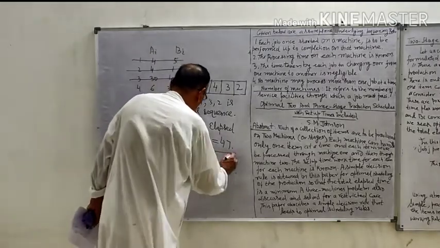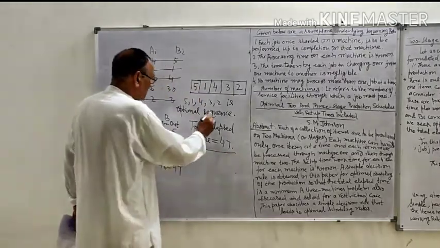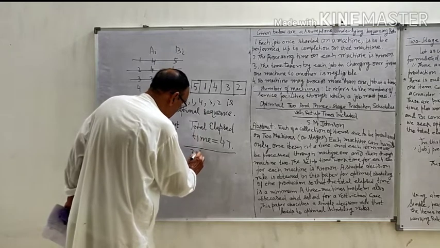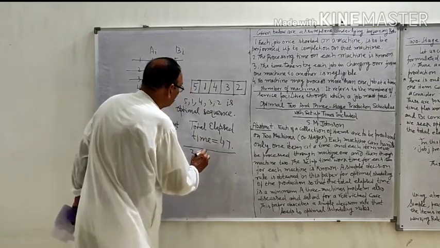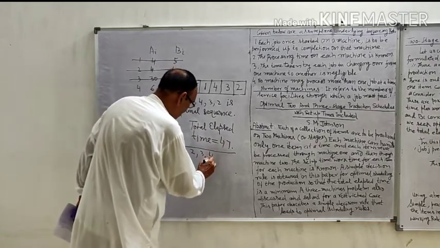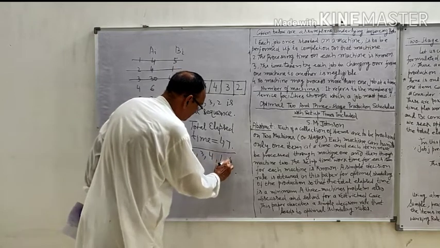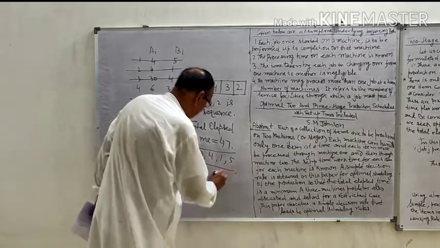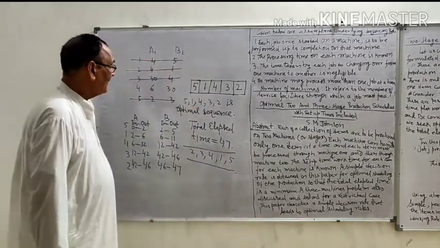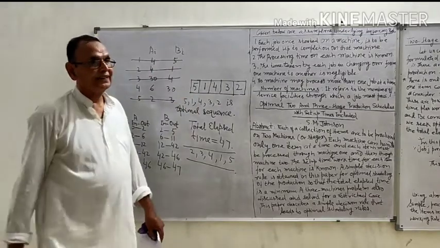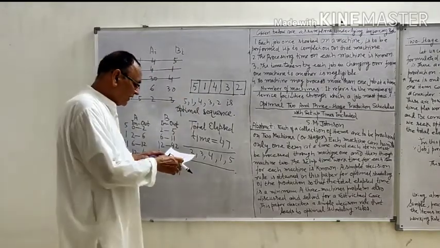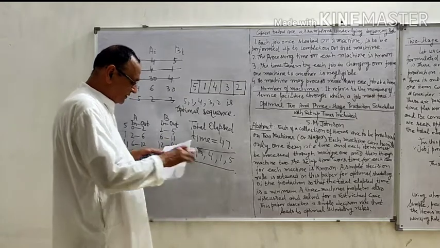Johnson also gave in his paper that if you take the sequence 2, 3, 4, 1, 5, by reversing the order, then you can calculate the total elapsed time.